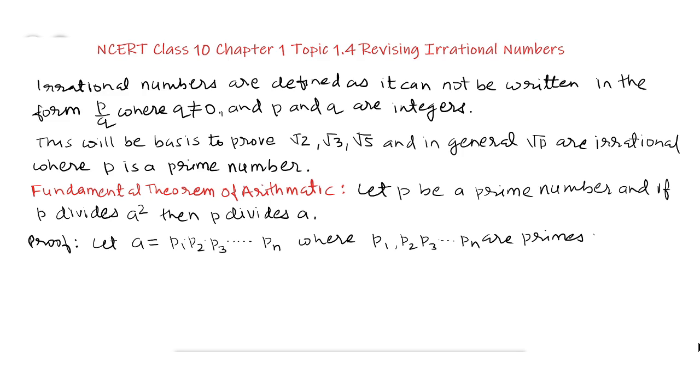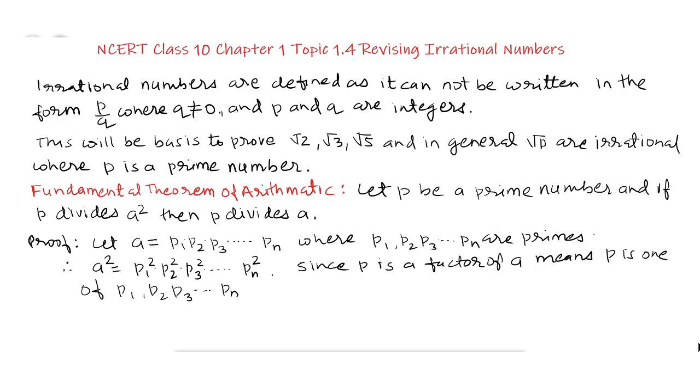It means that p1, p2, p3 and pn are the prime factors of a. Therefore, a square equal to p1 square into p2 square into p3 square ... into pn square.